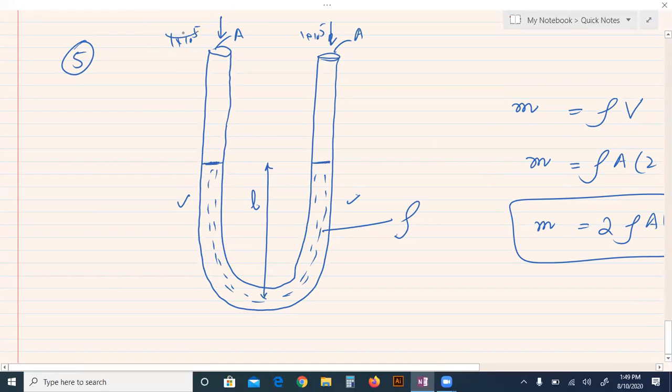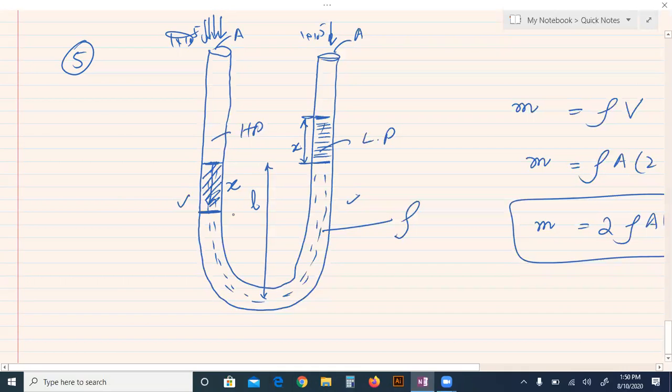But if the pressure on one side increases, high pressure here and low pressure here, this liquid will fall. Suppose it falls to this level, and this fall of the liquid is represented by x. Then definitely it will rise here and stop here. The rise of the liquid will also be the same, because uniform tube, same fall, same rise.